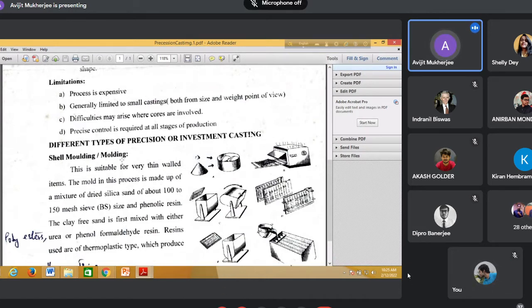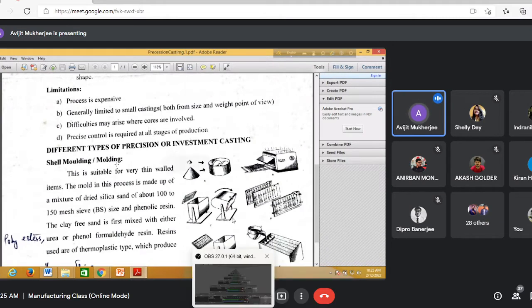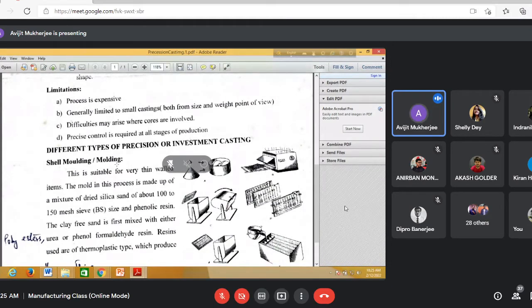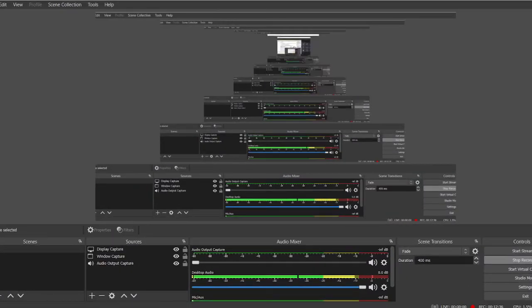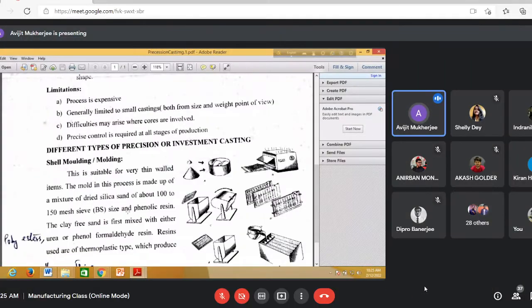In different books, you will observe different spellings, molding or moulding. Now, this is shell molding. Just in a nutshell, because you will find all the details in any book, classical books of workshop technology, as I had mentioned. But to discuss what is actually going on.